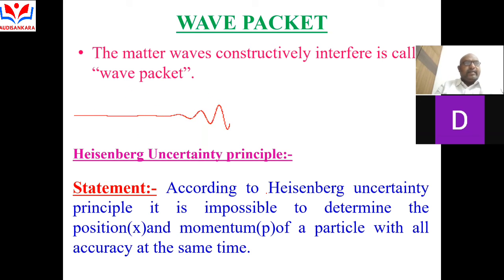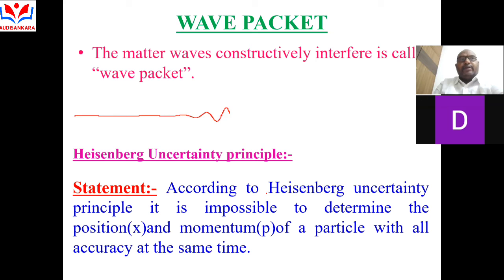Let us consider a particle of mass m moving with velocity v along the x direction. According to classical theory, this moving particle will have a specific position and momentum at any time. That is, its position is given by x, and its momentum is p is equal to mv.